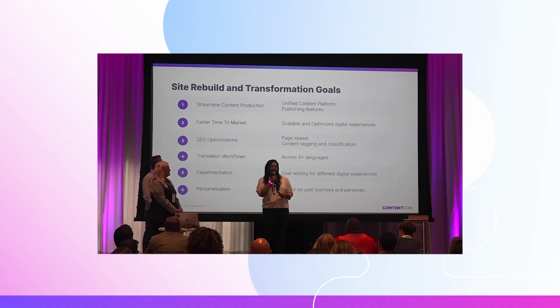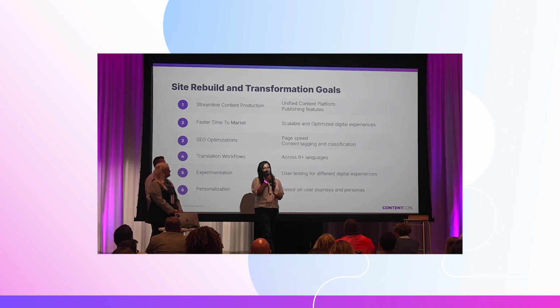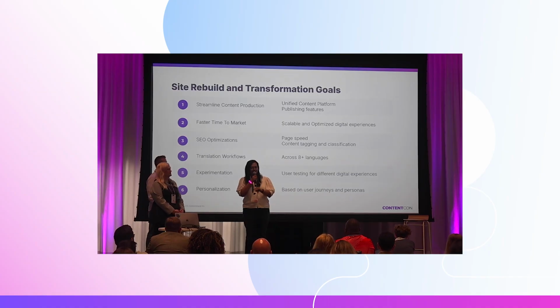But what we also realized is that we needed to modernize our front-end tech stack as well. So we embarked on this journey to transform our tech stack, including the Contentstack CMS on the back end, as well as the front-end technology stack using Next.js.